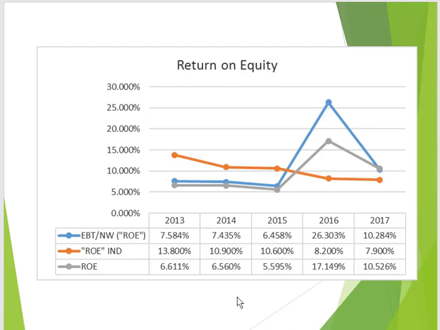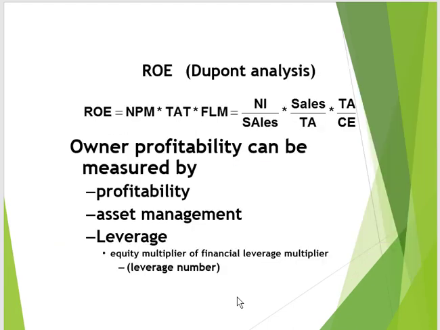Now, another way to analyze return on equity is something referred to as the DuPont Analysis. This might help us understand where the issues might be if the numbers are bad. What we're saying with the previous analysis is that this company is not performing as well as the industry.